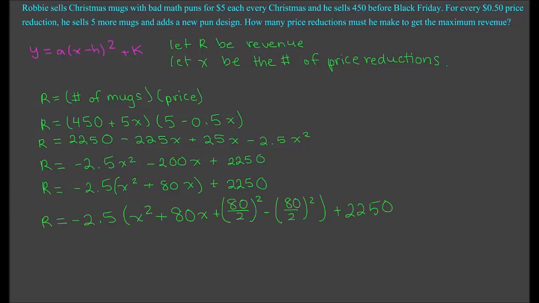40 squared equals 1,600. We get r equals negative 2.5 [x squared plus 80x plus 1,600 minus 1,600] plus 2,250.